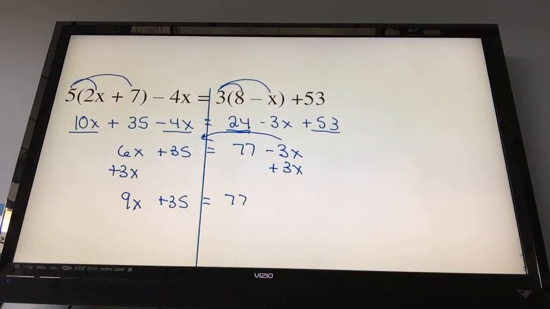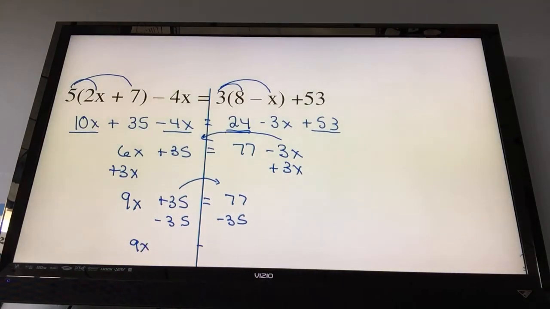I want my constant term to go to the right, so what am I gonna do? 77 minus 35. All right, I'm gonna minus 35. So I have 9x equals 42.